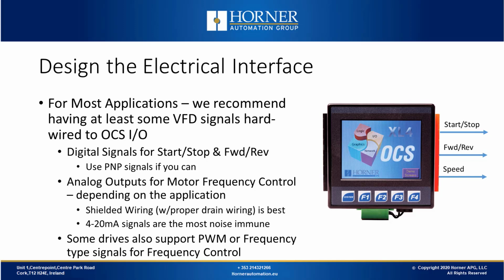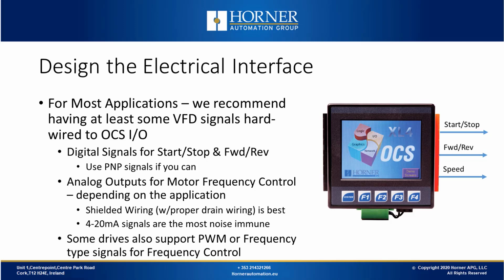For controlling motor frequency, if you decide to hardwire that connection, those are usually done with a 4 to 20 milliamp or 0 to 10 volt signal. From an electrical noise standpoint, you're advised to use shielded wiring. With a shielded twisted pair, you would want to handle that shield drain properly by making sure that it is connected to solid earth ground and on one end only.